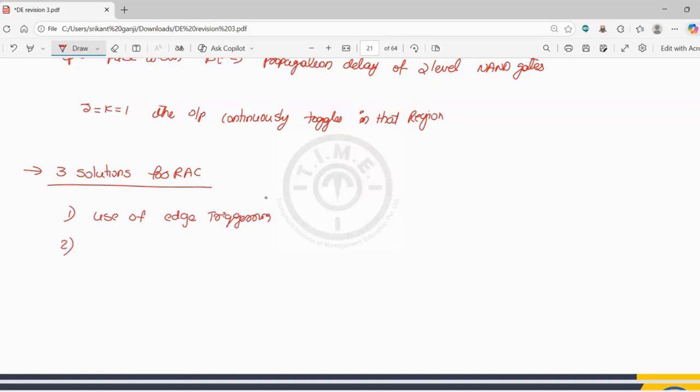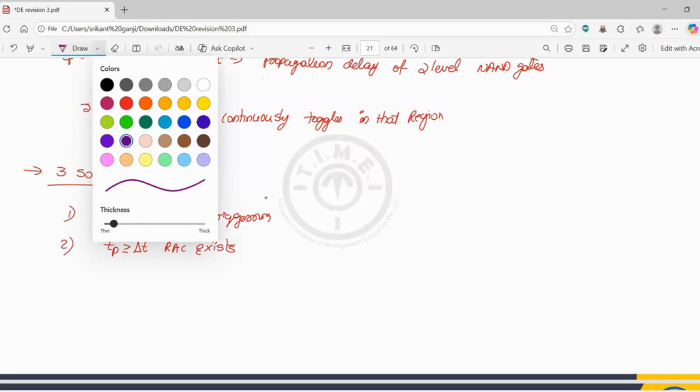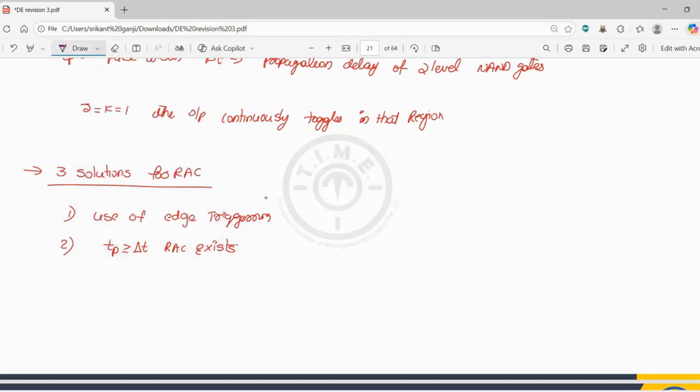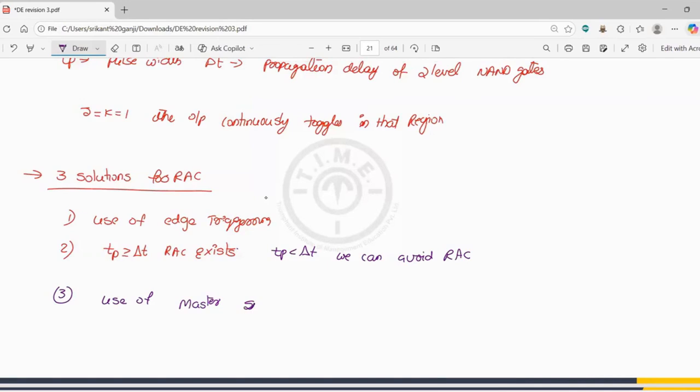RAC exists when TP is greater than or equal to delta T. This point is very important, it was repeated in so many examinations. When TP is less than delta T, we can avoid the race around condition. And the third one is the use of master slave flip flop.